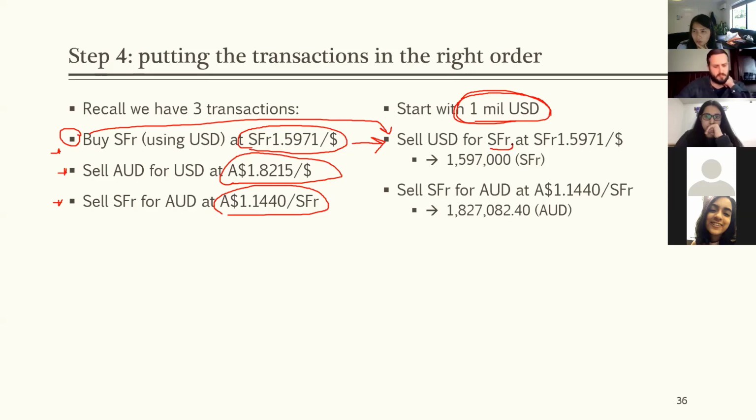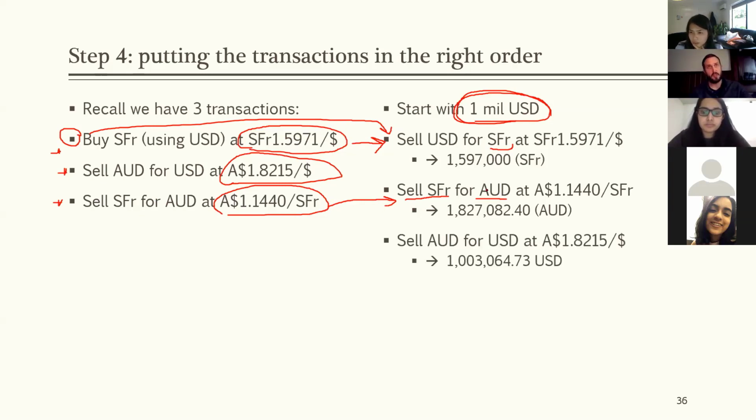Second, once I've got the franc, I'm going to sell the franc to buy the AUD, okay? So that means I'll rearrange this transaction to here. And finally, from the AUD I have acquired in the second step, I'm going to use that to buy the USD at the last step, okay? Which means I'll rearrange this transaction to here.